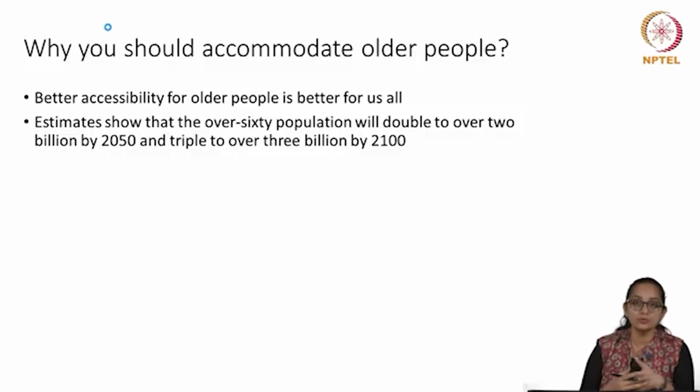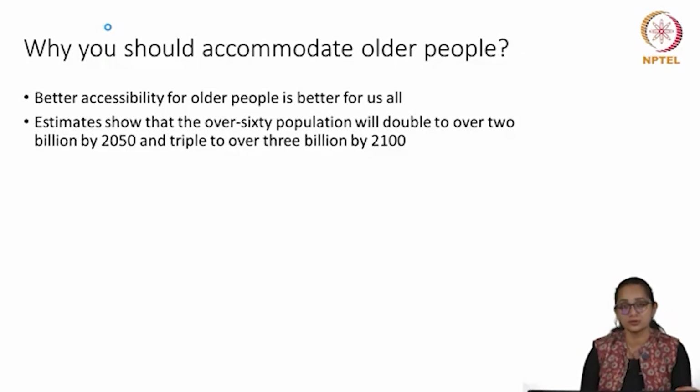So, that means we are looking at a world where the number of elderly people is going to increase. It has already begun in a lot of European as well as Japanese and other economies. The percentage of young population in their demographic has become considerably lower than the aging demographic.